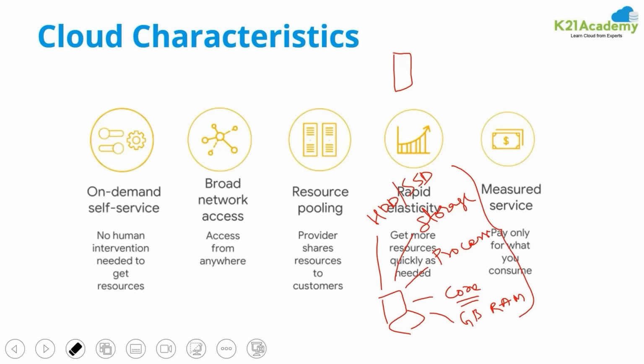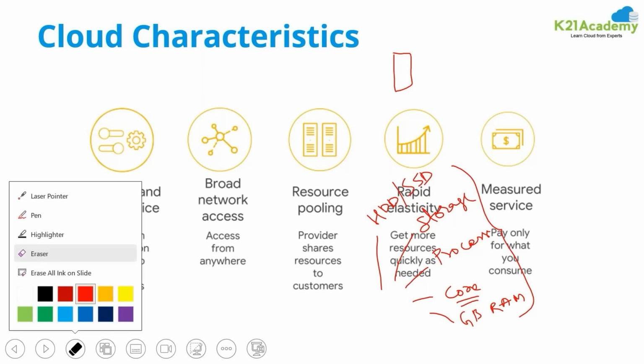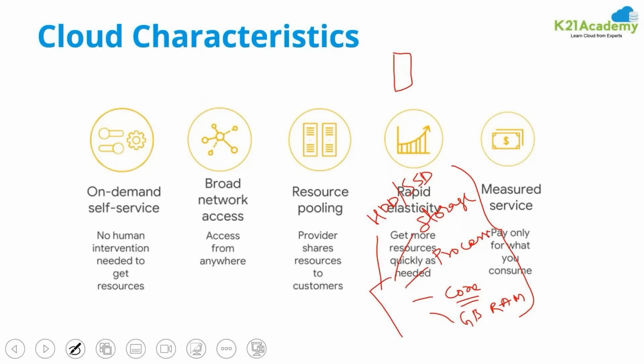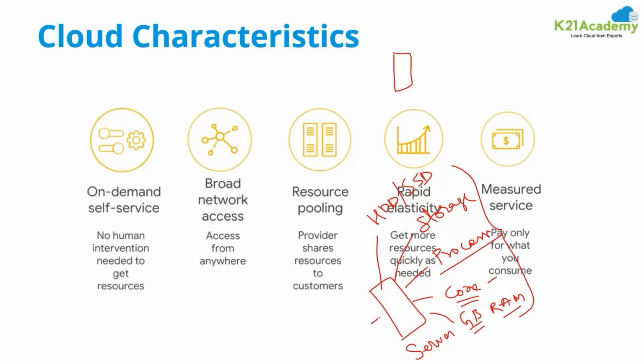When you are buying a server, similar things are being checked. Even if you are buying a server, how much RAM is there, how many cores of processor are there, what kind of processor I'm getting with this server, how much storage, whether it is HDD or SSD, all these things we have to check for the server also.